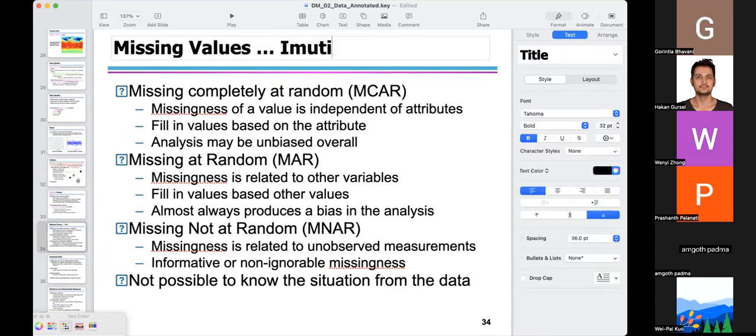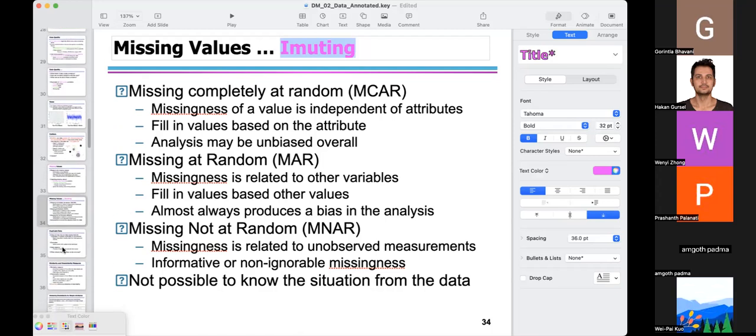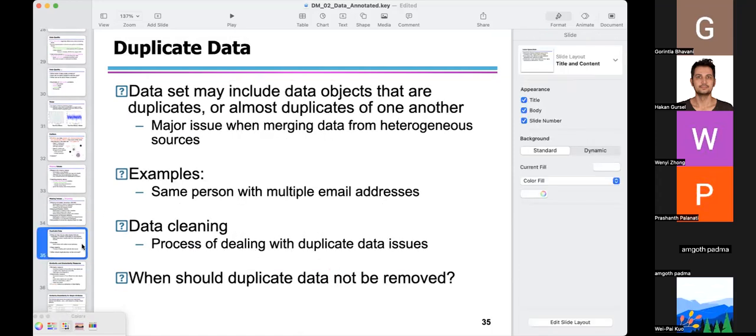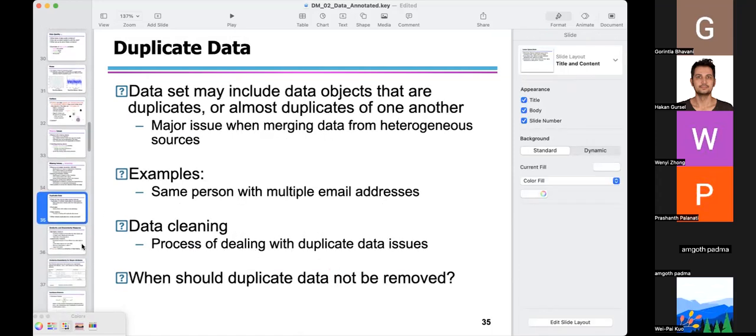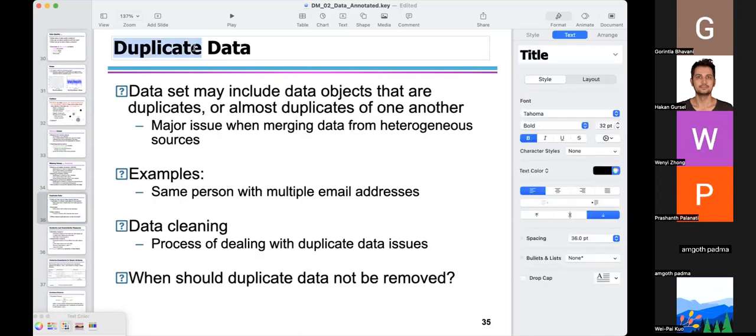They are going to determine what the values are and fill them in. And then how do we handle the duplicates? We need to detect the duplicates and eliminate them.